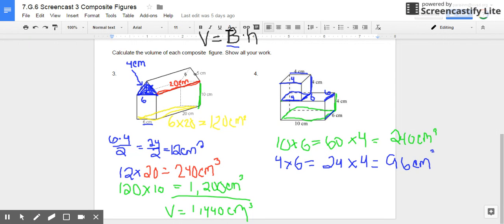My last step, because I want to find the total volume, meaning I'm going to have to add the volume of both rectangular prisms together. So I'm going to do 240 plus 96, and I get 336, and that would be cubic centimeters.